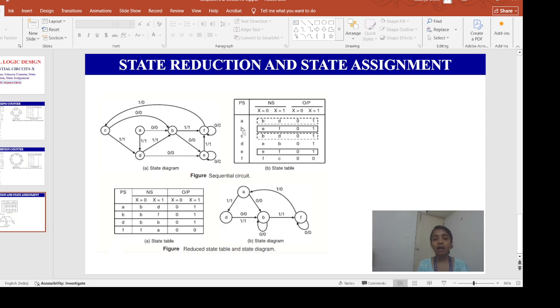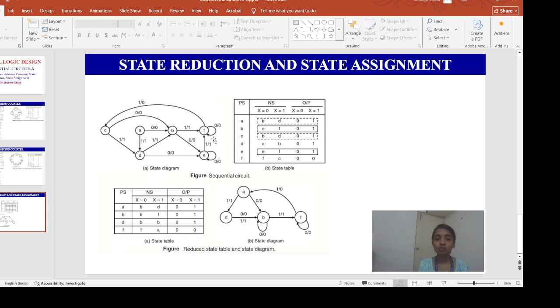Similarly, if I am at B and I want to go to E, what is the input? 0 at that time. What is the output? 0, right? And if I am at B and I want to go to F, what is the input? 1. What is the output? 1.